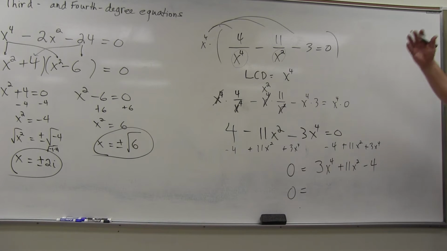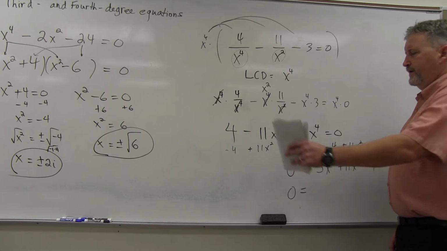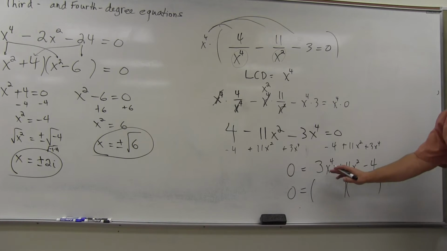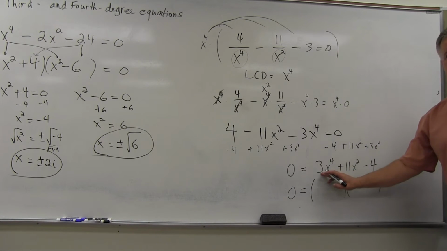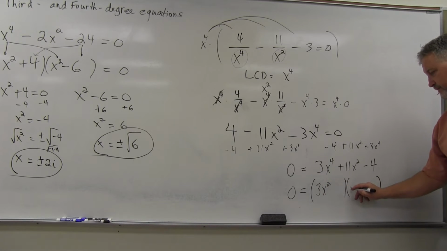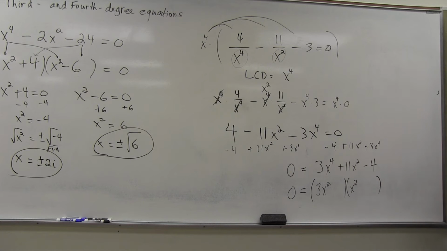Okay? So that one's going to set up pretty much like our one over here on the left side. It's a trinomial, there's no common factor. We've got a 3x to the 4th, so what am I going to put here and here? Probably 3x squared and an x squared, yes. Now, with that being 3x squared, I have to think about what factors go here and here that add up to be 11.